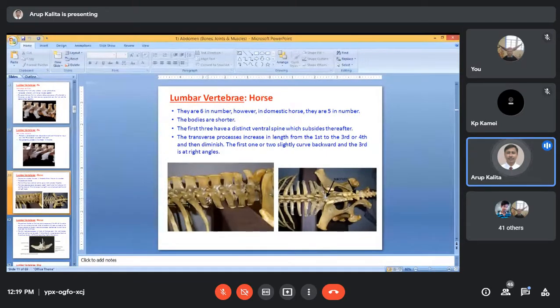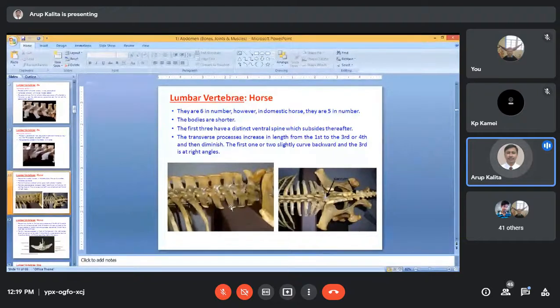The first 1 or 2 are slightly curved backwards. Interestingly, in the case of the ox, all are directed forwards. So here it is going backward. The first 1 or 2 transverse processes slope slightly backwards, and the third is at a right angle. This is the right angle. It is completely straight. Then it goes forward. So it is quite different.